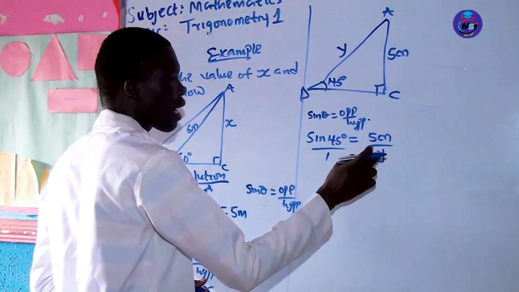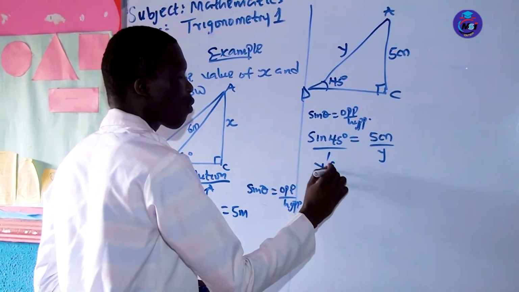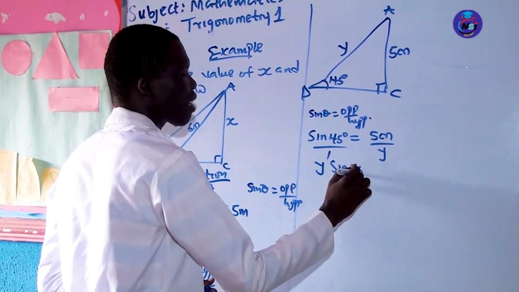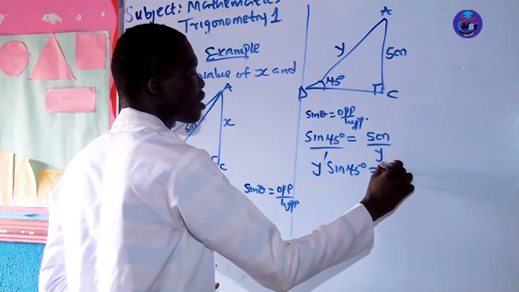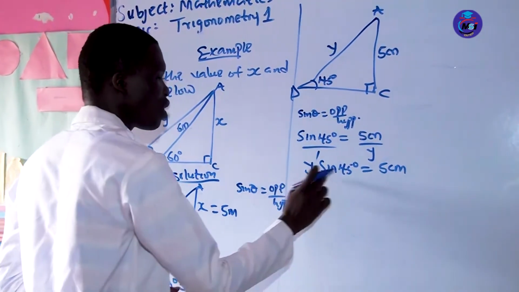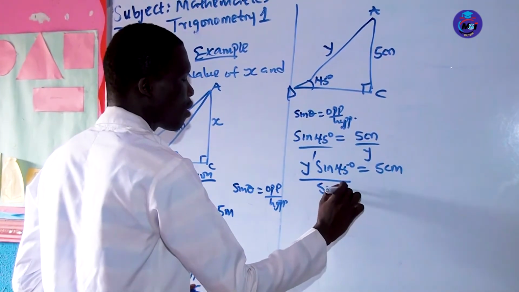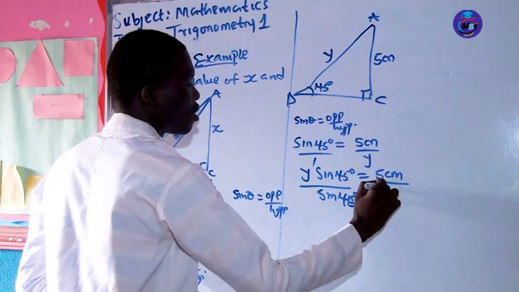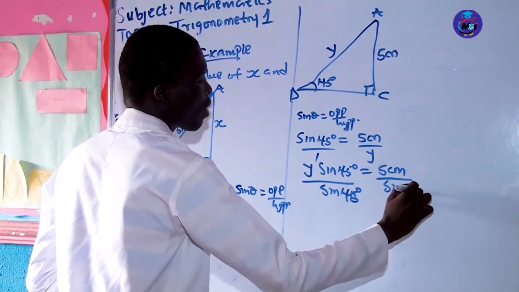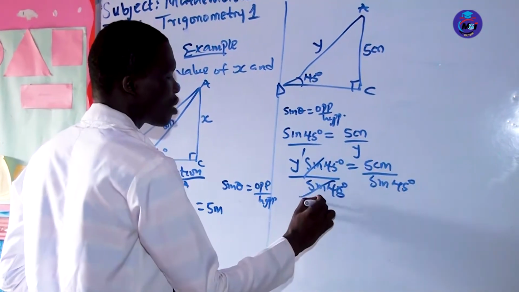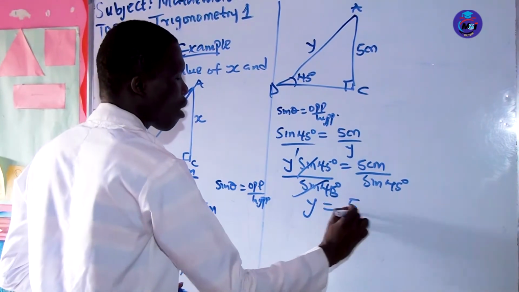When you cross multiply, y times sine 45 degrees equals 5. Then divide both sides by sine 45 degrees. This will cancel this. y will give us 5 all over sine 45 degrees.